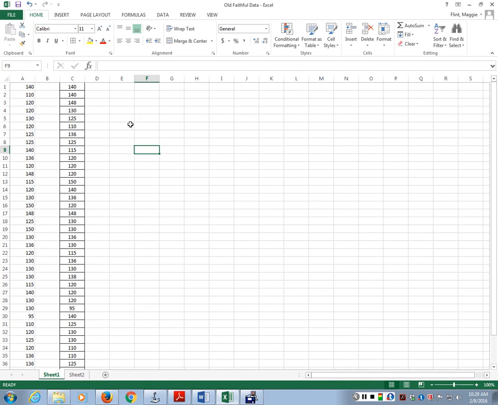What I want to do now, though, is show you how you can sort the data, just like you did in the calculator. So if I highlight column C, which is all of the data, and I tell it to sort from smallest to largest, it just automatically does it, and I can see the results immediately.